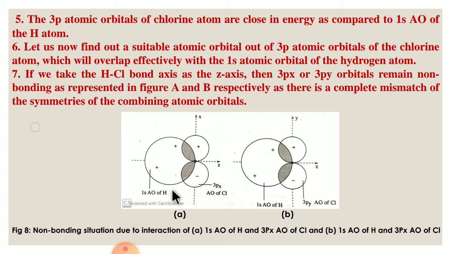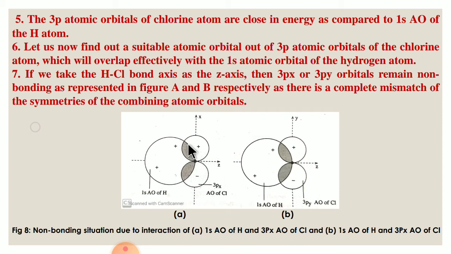As we also know, the shape of the 1s atomic orbital of hydrogen is spherical and that of the 3px orbital has a dumbbell shape. Therefore, the overlapping is mismatched.